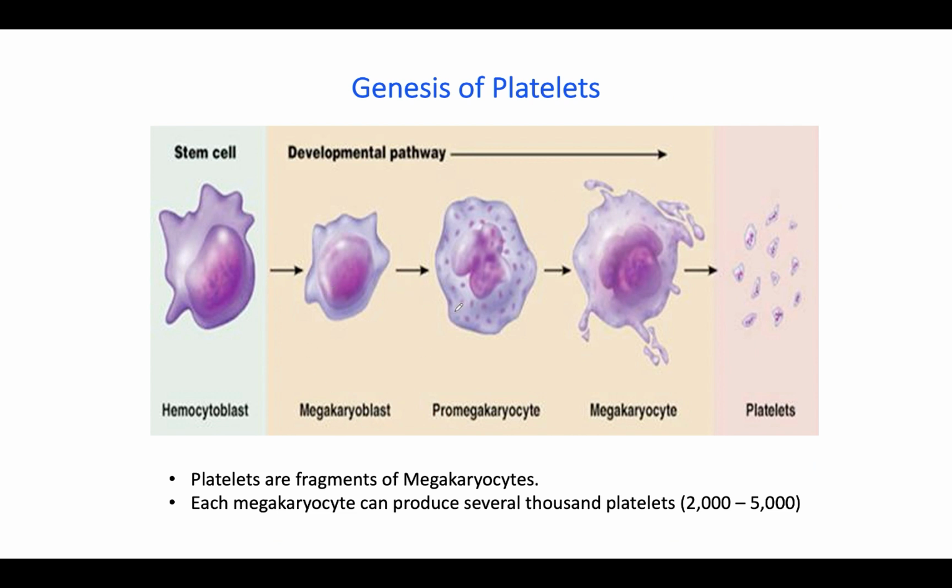Megakaryoblast further divides into promegakaryocyte, and promegakaryocyte differentiates into megakaryocyte. Then the cytoplasmic portion of megakaryocyte splits up, and each small piece becomes platelet.